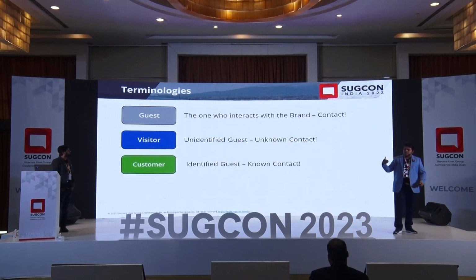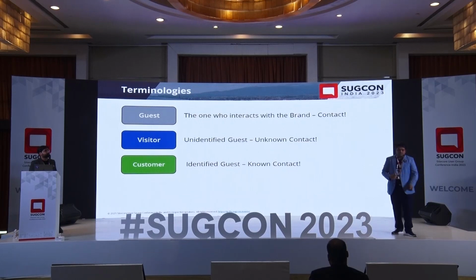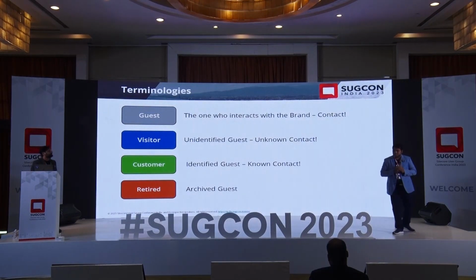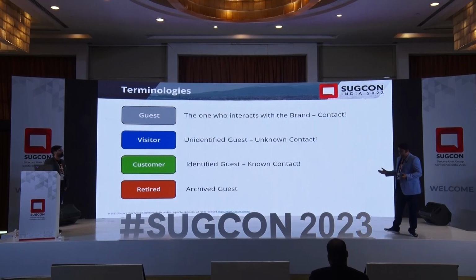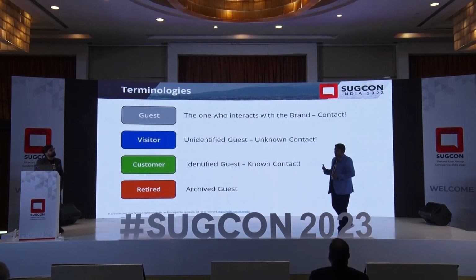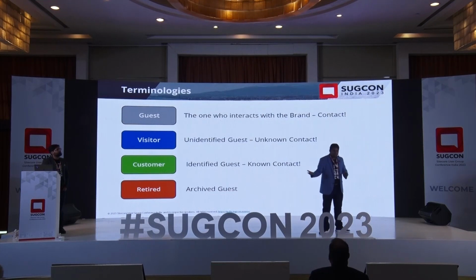Now in the XP world, we also used to have contacts which were orphaned eventually if they were getting details out. That is a similar concept, which is called here a retired guest. So technically what happens, let's say I'm visiting a website first on a desktop, and then I'm visiting the website on a mobile phone, and I'm registering on the mobile phone.